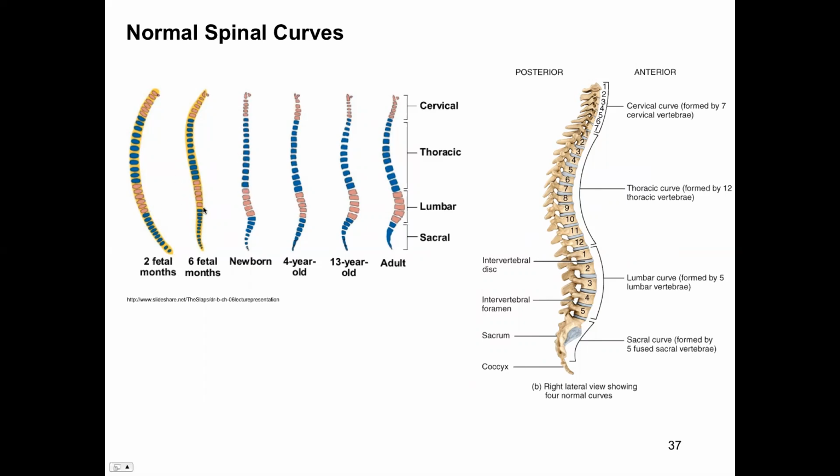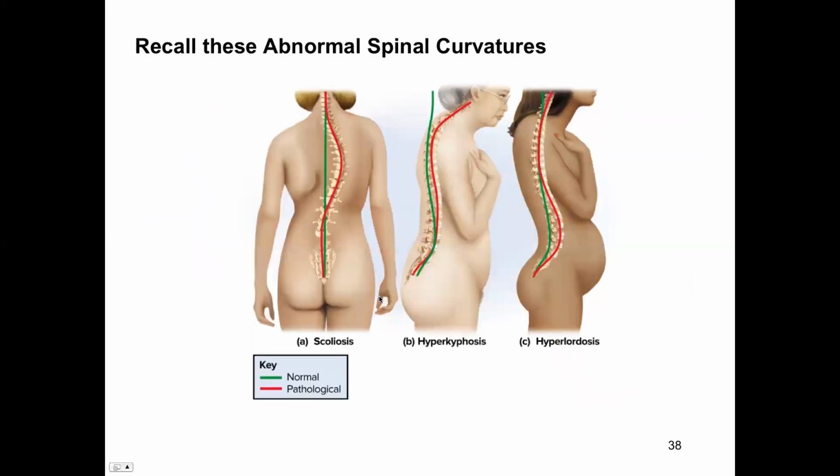Okay, so fetal around 6 months, and then newborn. Then as the child gets older, eventually we'll come to the adult curves, and you can sort of see how it changes.